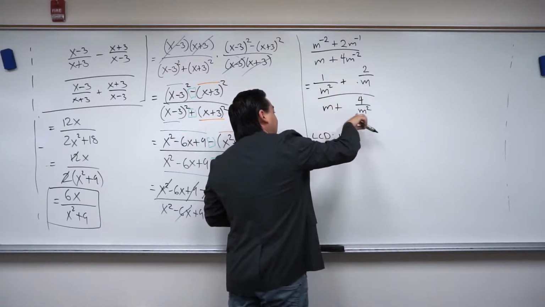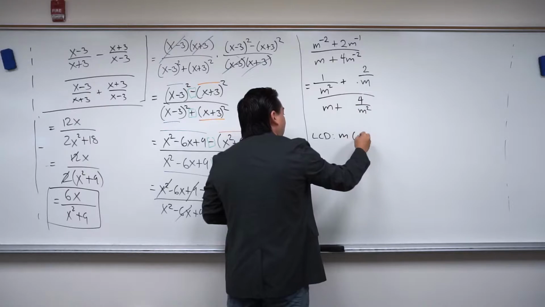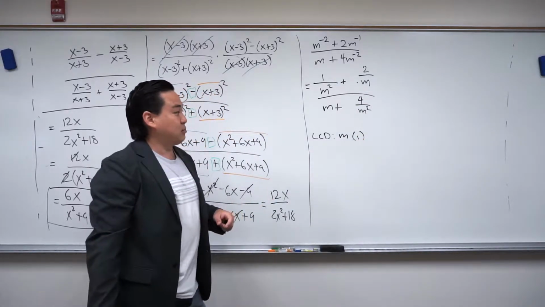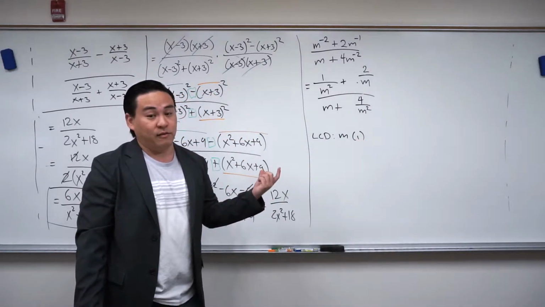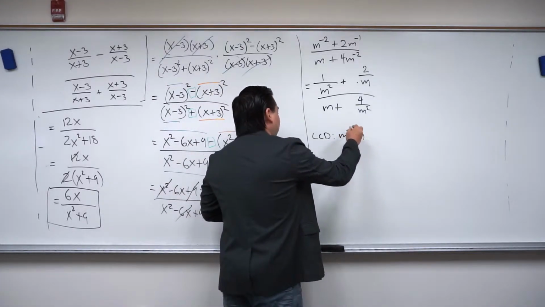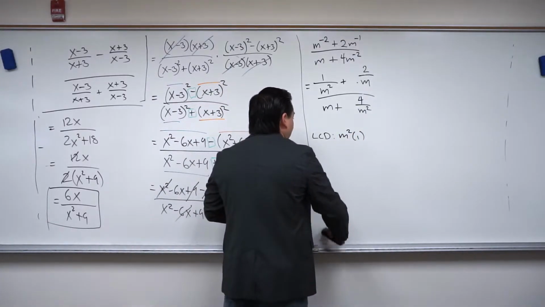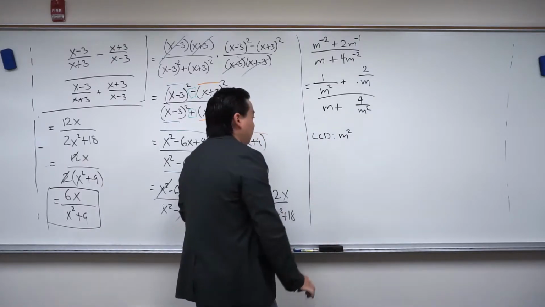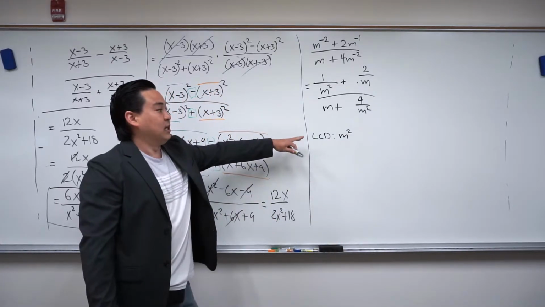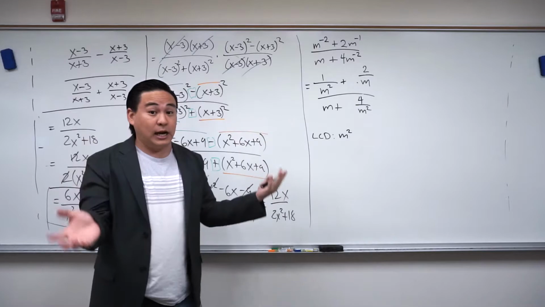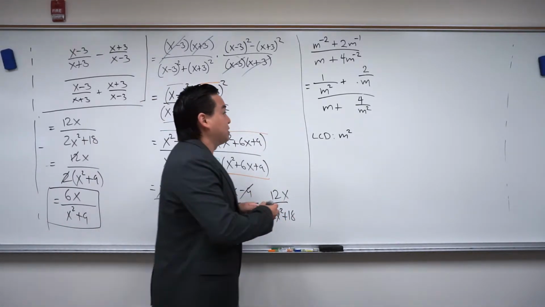There's nothing different in any of them except for a 1 there. And the highest exponent of all the denominators with that variable is going to be the square. So really the LCD here is nothing but m squared. So what you can do with this is I can multiply the entire top and the bottom by the m squared.